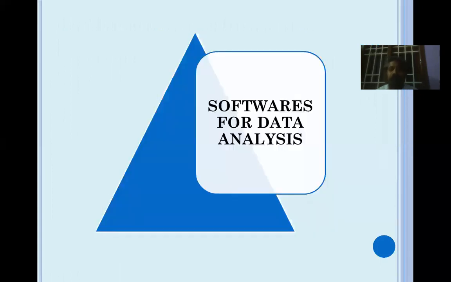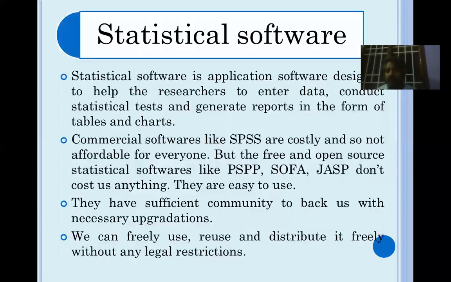Fine. And to do these kinds of data analysis, we got a lot of softwares. The most commonly used one is SPSS. But in fact, SPSS is very costly and everybody cannot afford. We cannot afford to get SPSS. So, a statistical software is a software that helps you to do all the data analysis work, whatever we discussed.